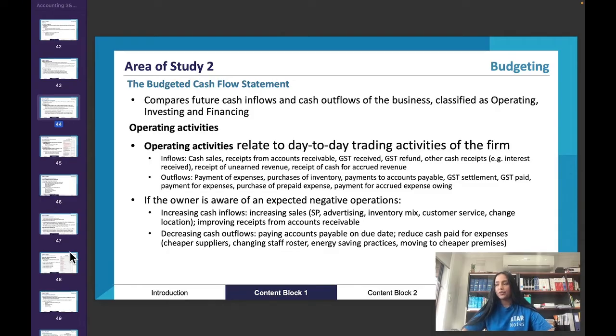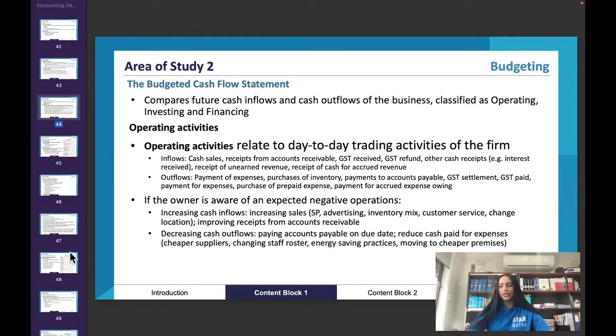Our budgeted cash flow statement compares future operating, investing, and financing cash flows, inflows, and outflows. The operating activity section of the budgeted cash flow statement will be the predicted cash inflows less the cash outflows related to the future day to day trading activities of the business.